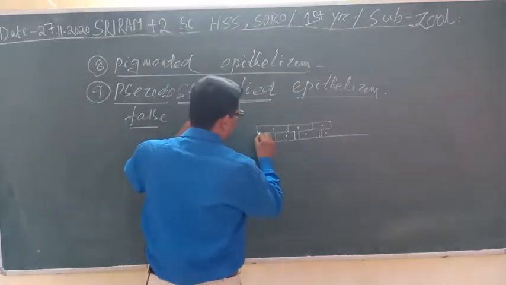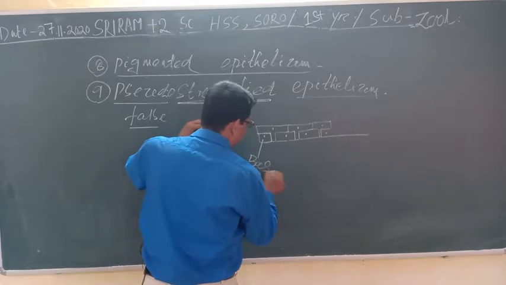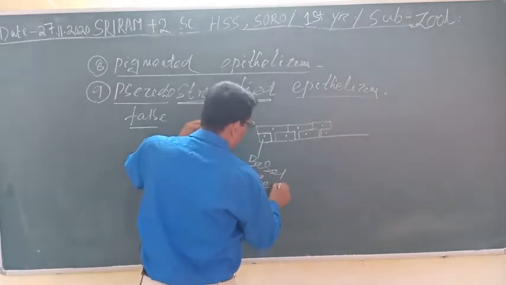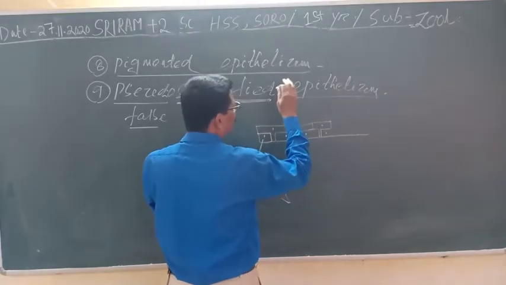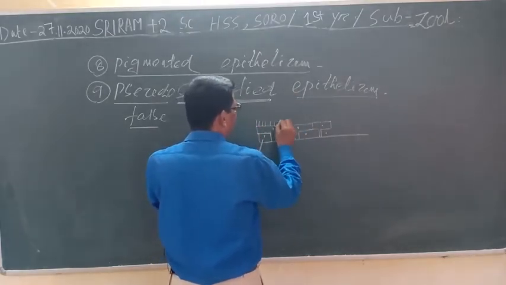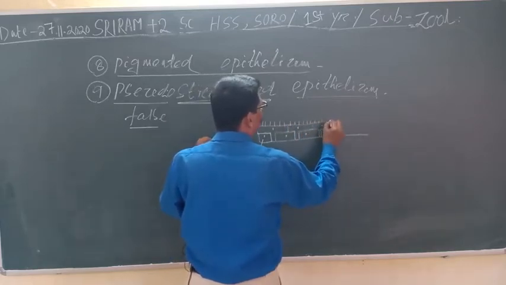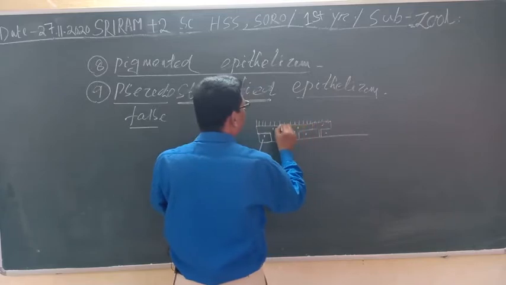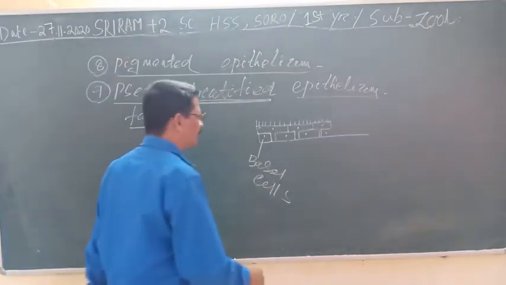So these are the basal cells, which are small cells. These are called the basal cells, and the tall or elongated cells remain towards the free surface, and they may contain cilia or mucus secreting properties. Are you understanding me now?